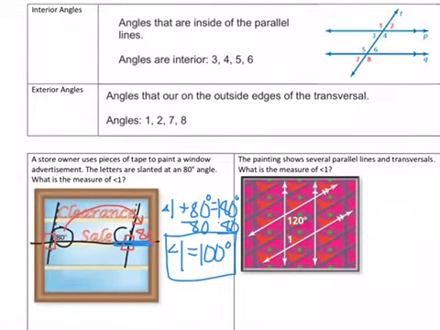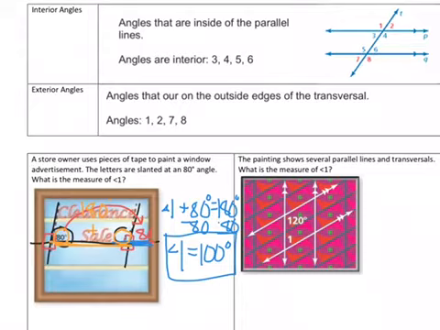If I have two interior angles that are inside next to each other, they both have to add up to equal 180 degrees. These two angles are supplementary to each other. They're called consecutive interior angles, they're on the same side, one after each other, and they must add up to be 180 degrees.